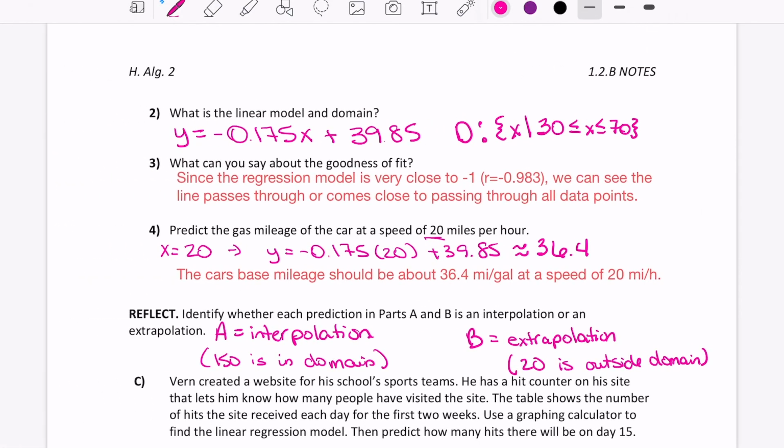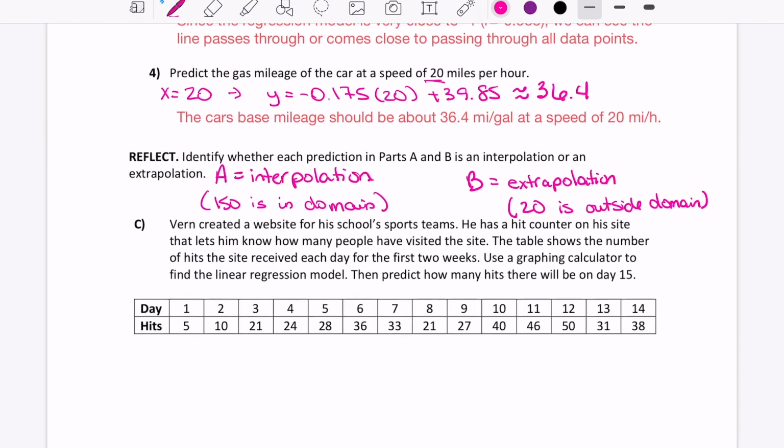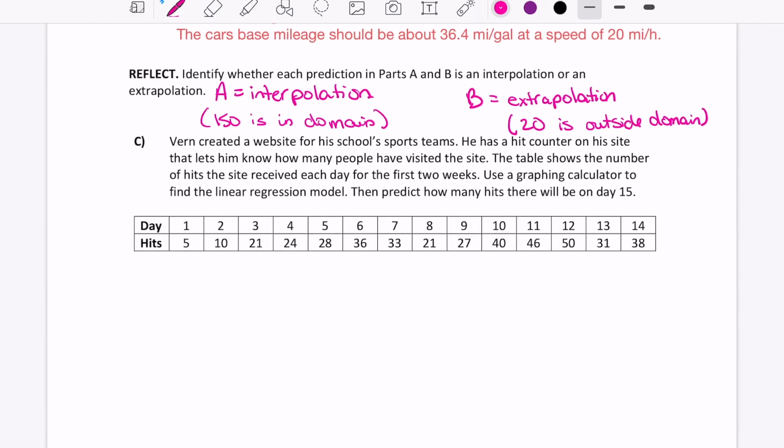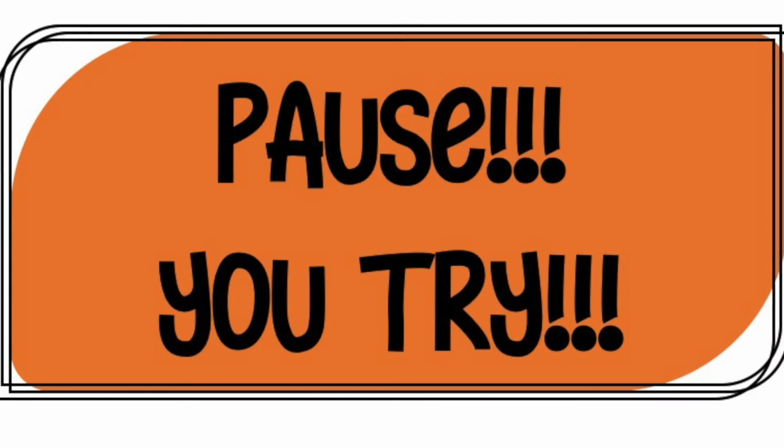All right, so we did A and B together. Go ahead and try C. You're going to run through the whole process, determine your independent and dependent variables, graph them into a scatter plot, find your linear regression model, and then graph your regression model to describe the fit. Go ahead and press pause and then come back when you have your answer.